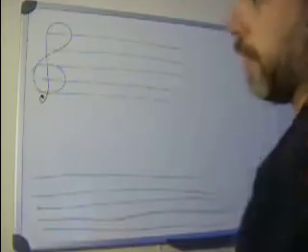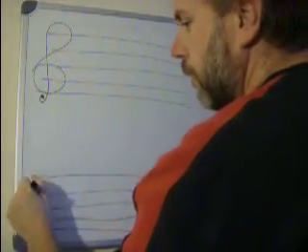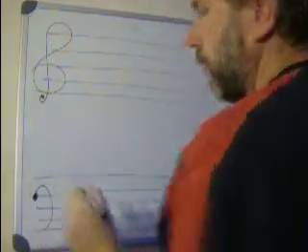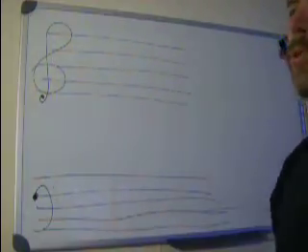Because in piano we usually have 2 staffs. This staff up here, and we put this sign on here, and we call this sign the treble clef. Then down here we put a sign on the bottom that's called the bass clef. And in playing the piano, that's usually what you see.